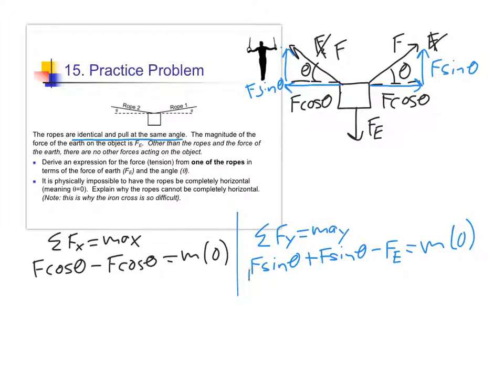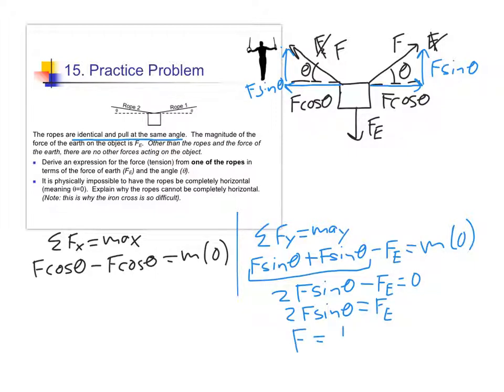And so what we get, combining those two terms, is 2F sine of theta minus Fe equals 0. And that means that 2F sine of theta is equal to Fe. So we solve for that force, and it's going to be Fe divided by 2 times the sine of theta. And so there's my expression for the force of tension in one of the ropes.